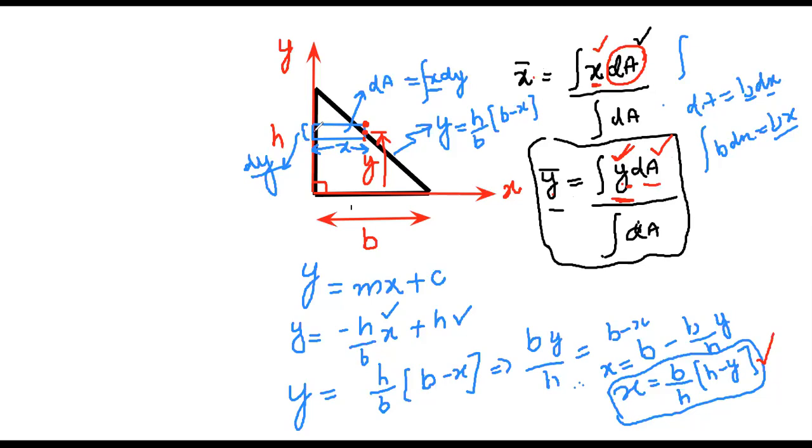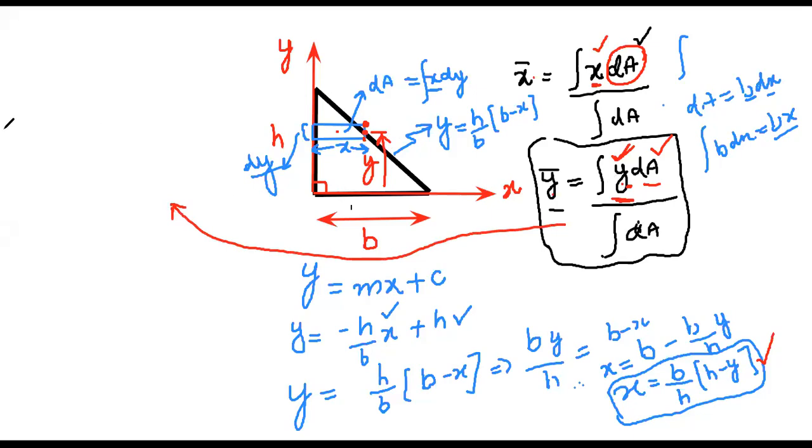Now, this is a rectangle. We have previously seen that the centroid of a rectangle lies at its geometrical center, okay? So by the definition, we have to take this distance of the centroid of this rectangle from the x-axis as y, okay? This is what we have done. Now again, use this formula to find the centroid.